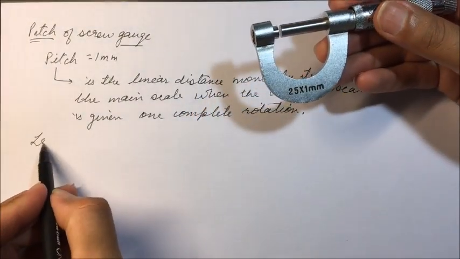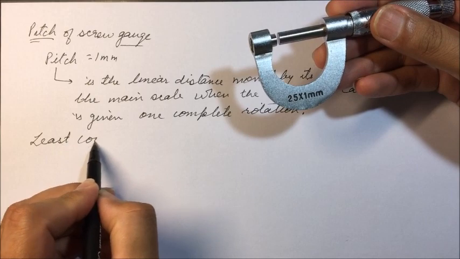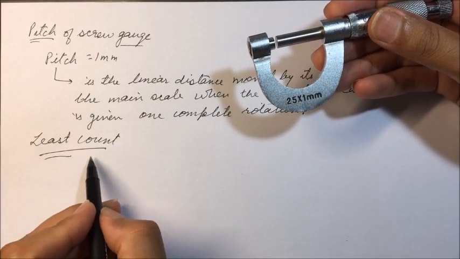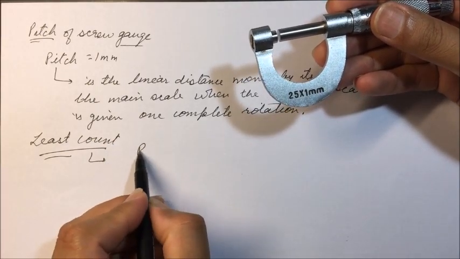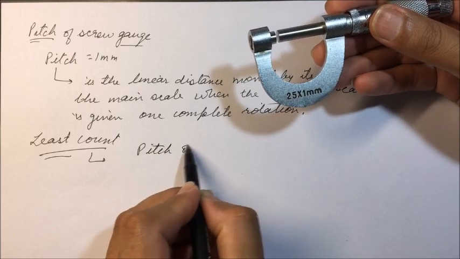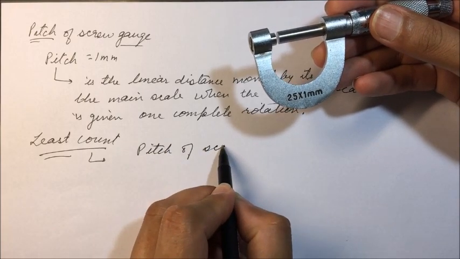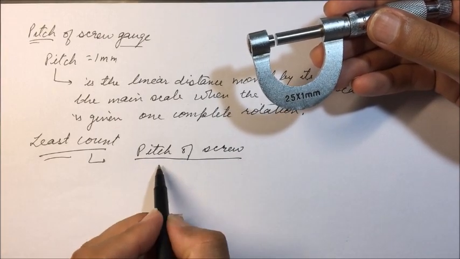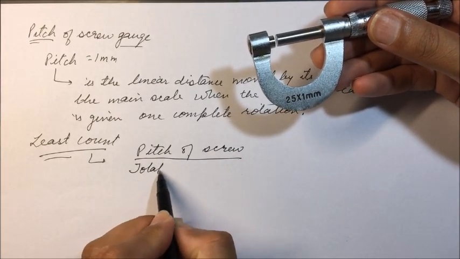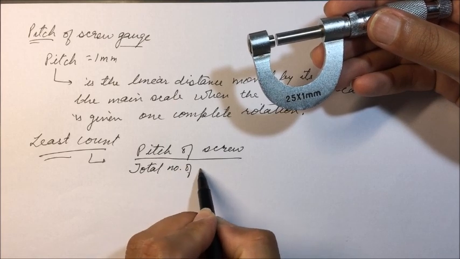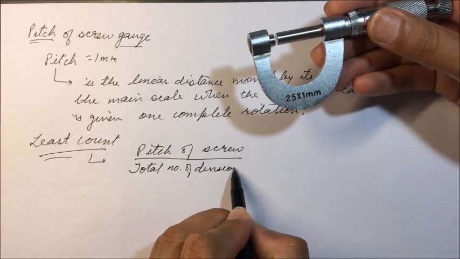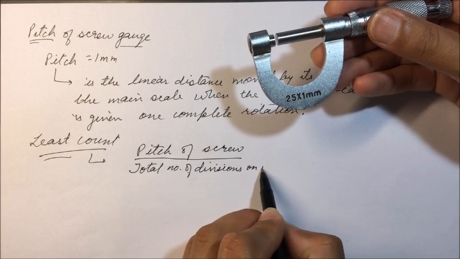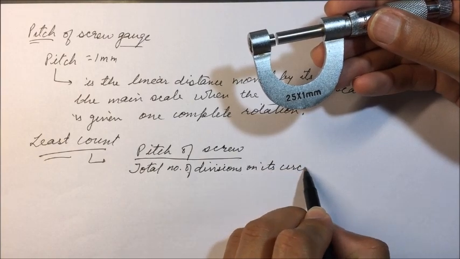Now we will calculate the least count. Least count, as we have defined, is the pitch of the screw divided by the total number of divisions on its circular scale.